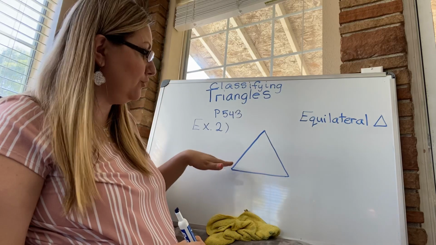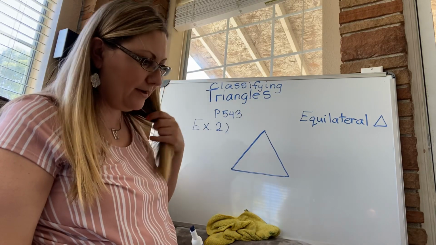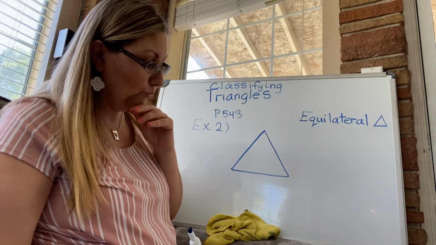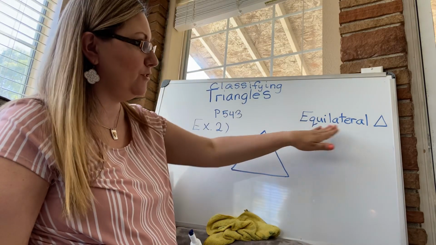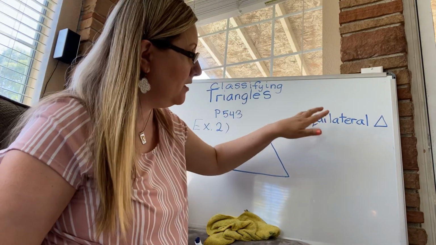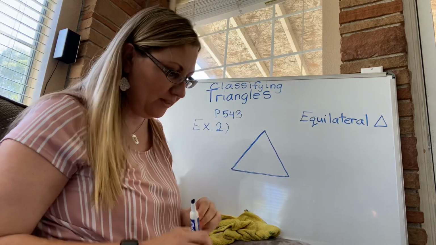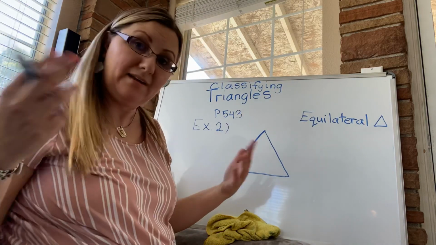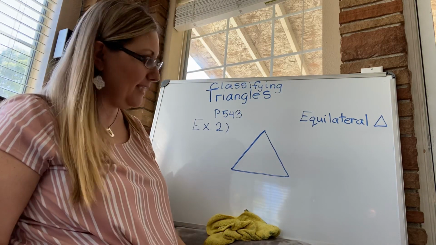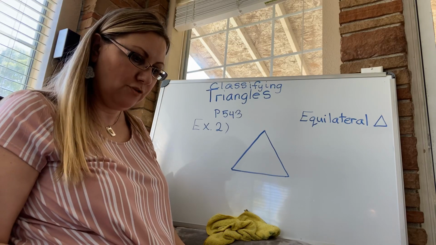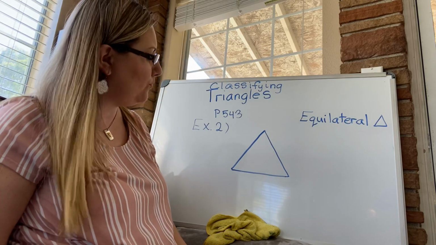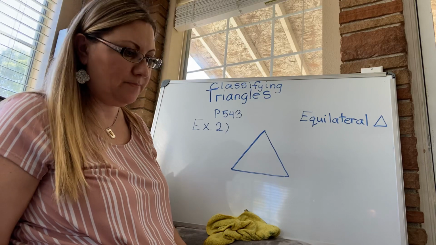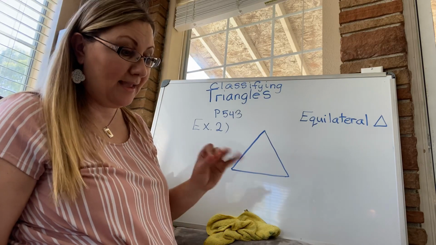So we've now looked at a word that we've known a long time, which was comparing the sides. So it's an equilateral triangle, but what else is it? Okay, let's take a look at some of the angles and decide what kind of triangle it is based on the angle.